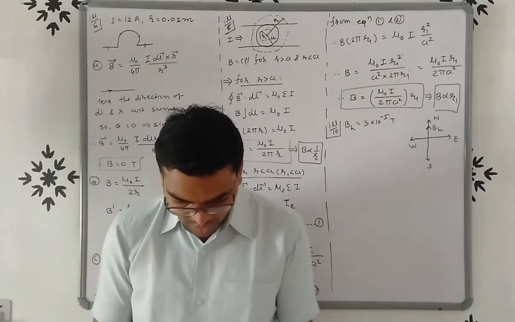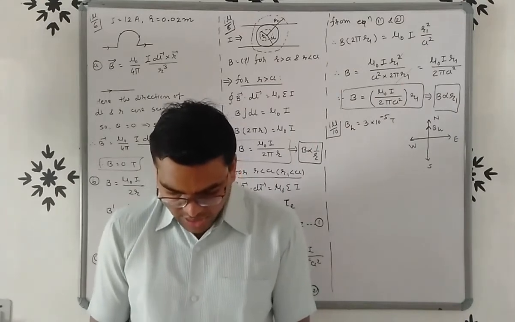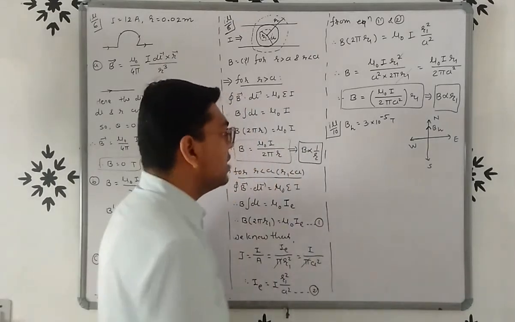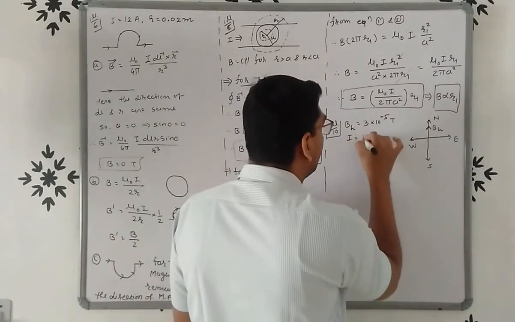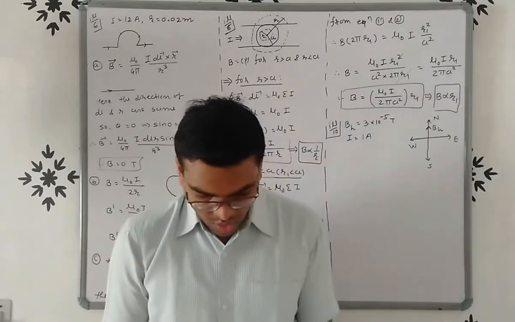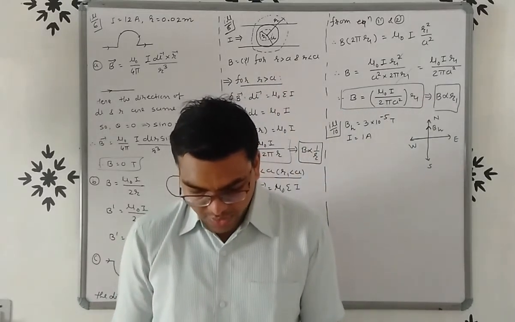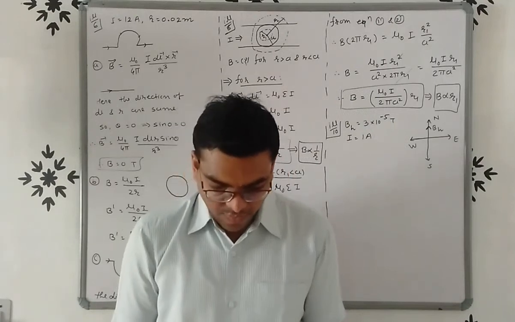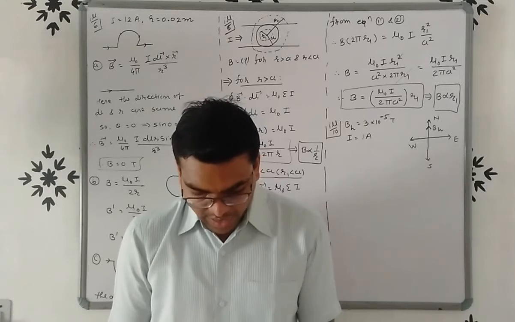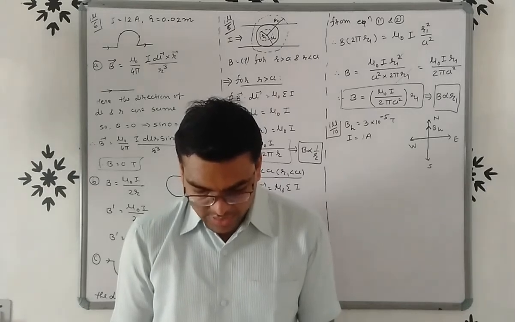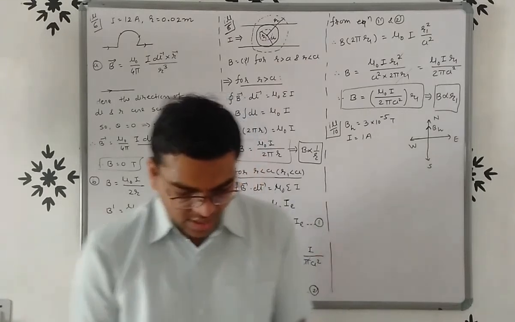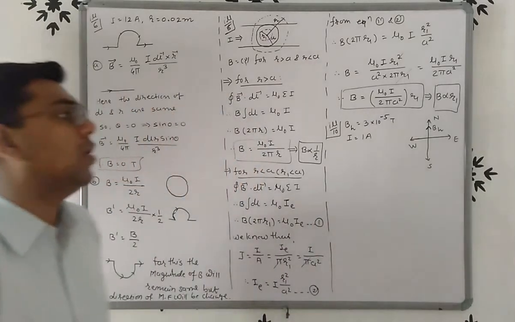Now, a very long straight conductor is carrying a steady current of 1 ampere. So here we know the value of current, that is 1 ampere. What is the force per unit length on it when it is placed on a horizontal table? And the direction of current is, in the first case, east to west, and in the second, south to north.